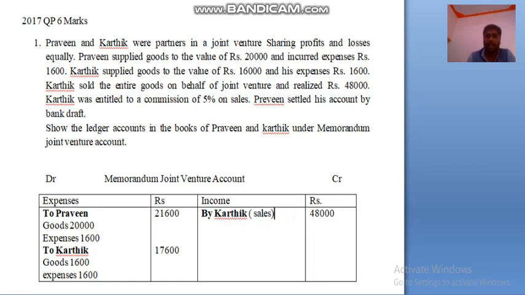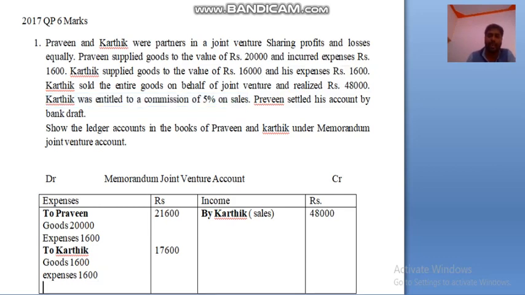The next one, Karthik was entitled to a commission of 5%. Here Karthik is receiving commission. So for Karthik it's income, but for the joint venture business it's an expense. So on the expenditure side, to Karthik, in brackets write commission. How much? 5% on sales. Sales is 48,000.